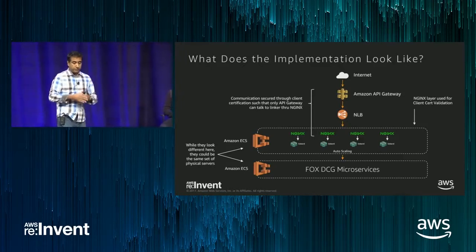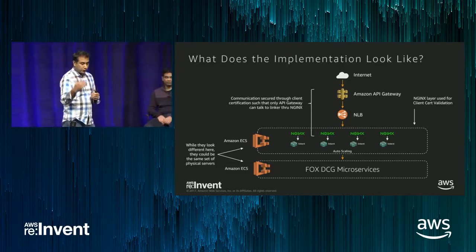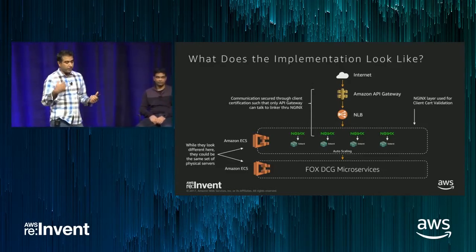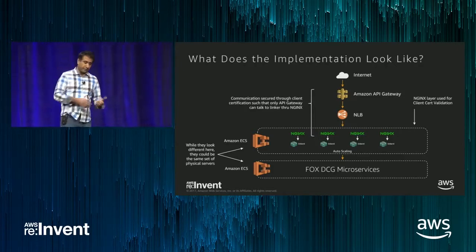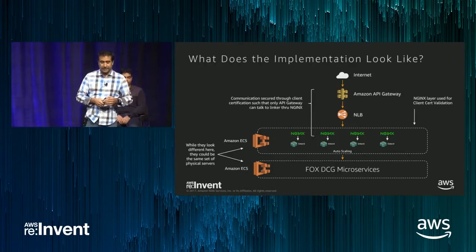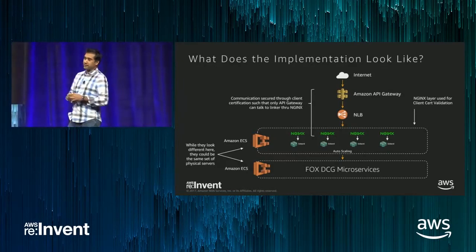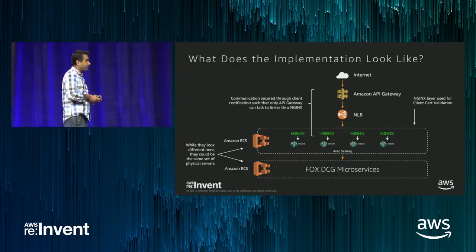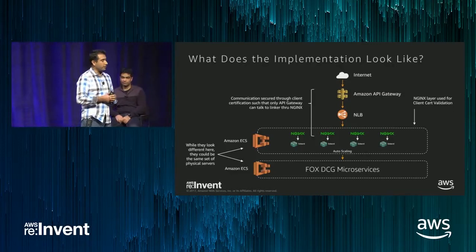And that's all running on ECS. I'm sure that the folks at Amazon will eventually fix this, but currently API Gateway can only talk to a publicly exposed, internet-facing load balancer, not yet a VPC endpoint.